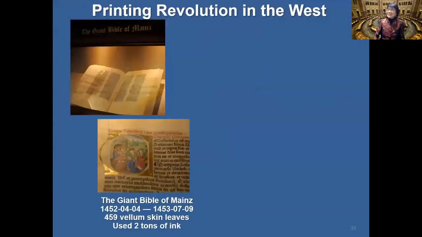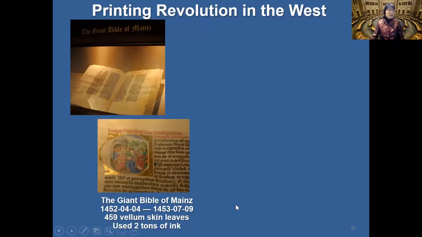It's so interesting. We all know the Library of Congress has a treasure. What is the treasure? The Bible, right? But before we see the Gutenberg Bible, we see another one. It's called the Giant Bible of Mainz.